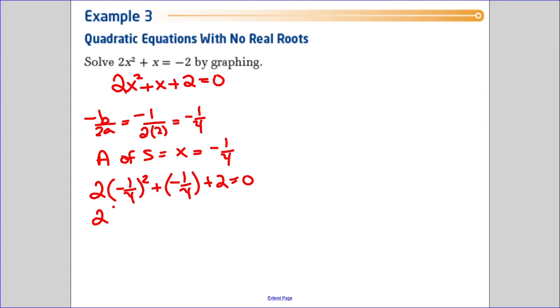So that's 2 times 1/16, squared, negative 1/4 squared, minus 1/4 plus 2 equals 0. The 2 and the 16 can reduce down to make an eighth. So an eighth minus 1/4 plus 2 equals 0.